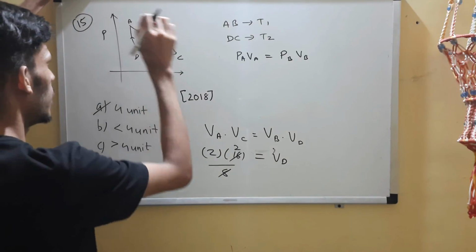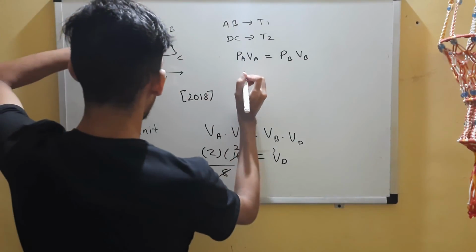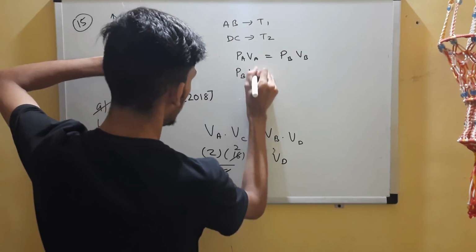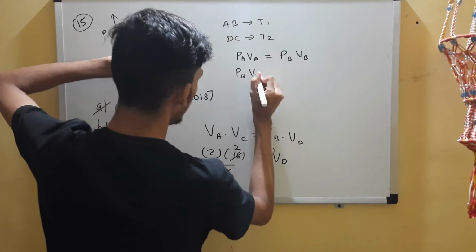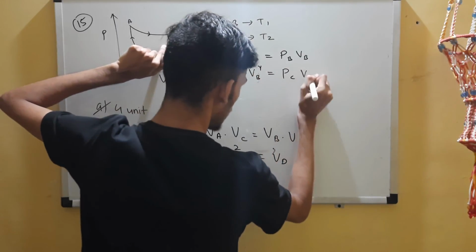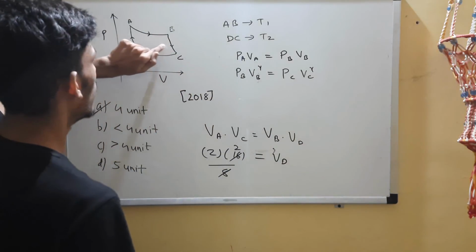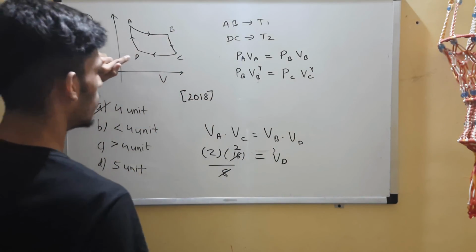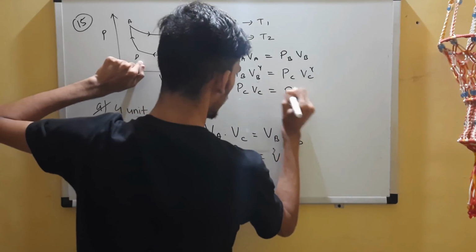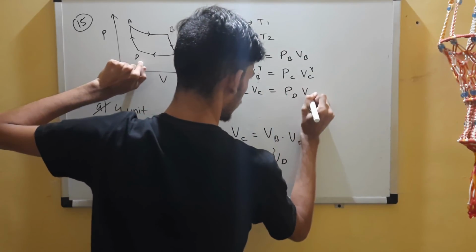For the adiabatic process, PB VB raised to gamma equals PC VC raised to gamma. Then for this isothermal process, PC VC equals PD VD.